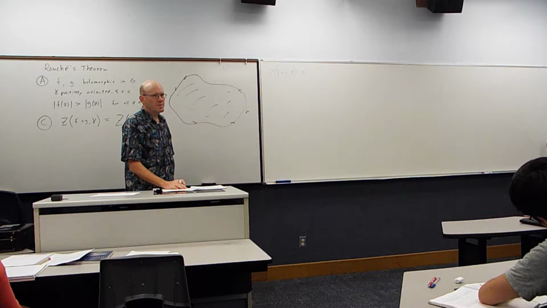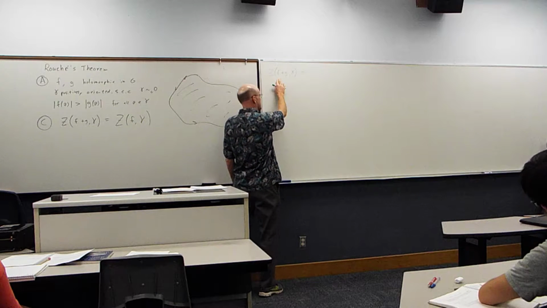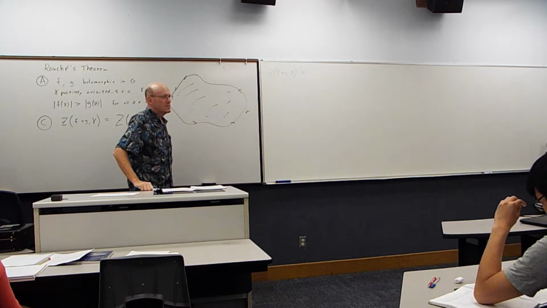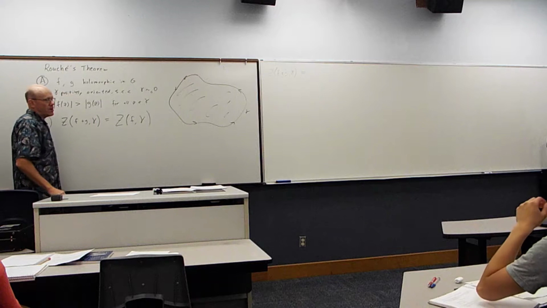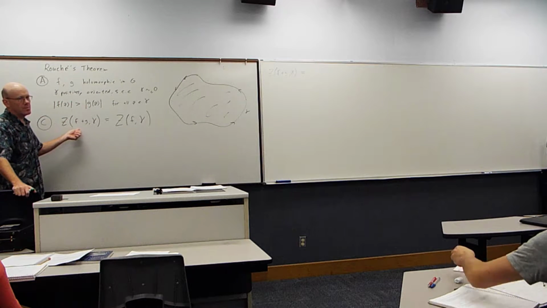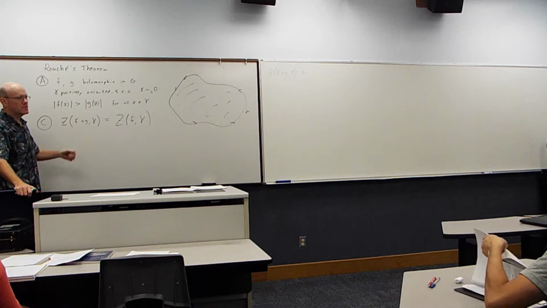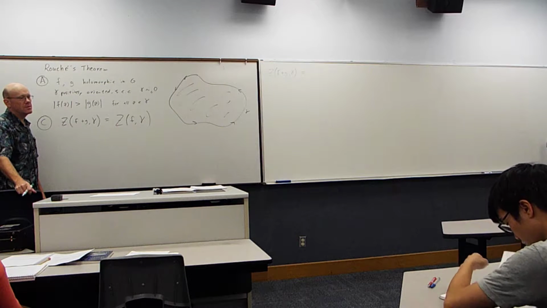According to the argument principle, how can you calculate the zeros of F plus G? Think of F plus G as being our function from the argument principle. It's holomorphic, so that means it's meromorphic but doesn't have any poles.